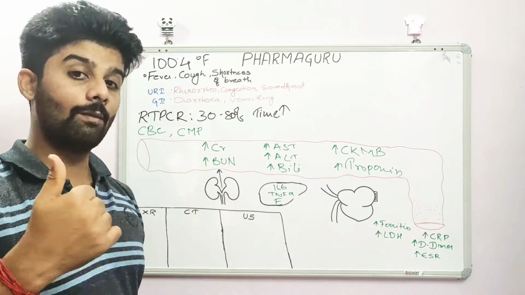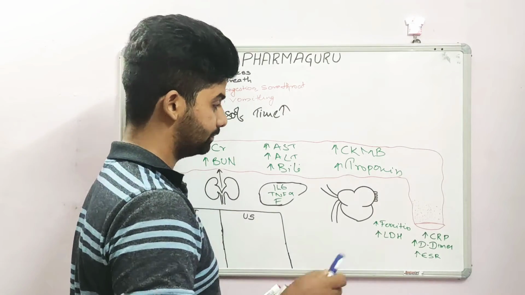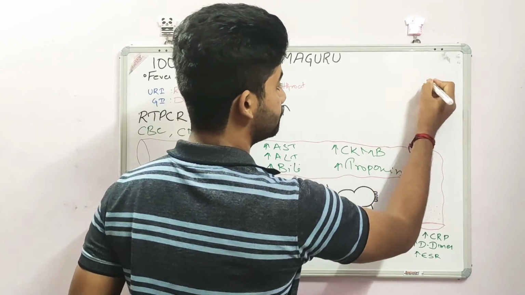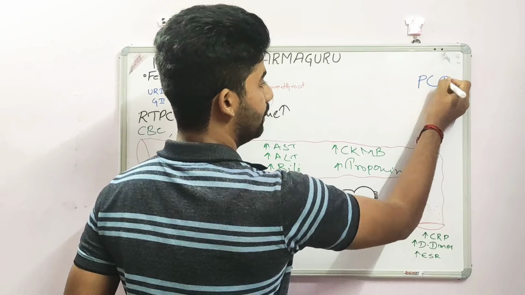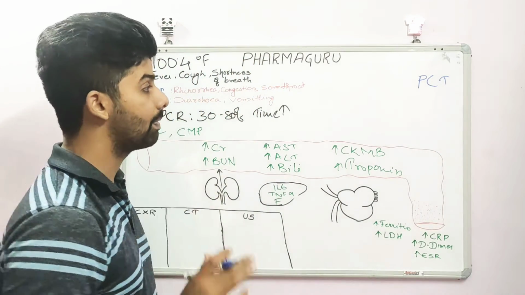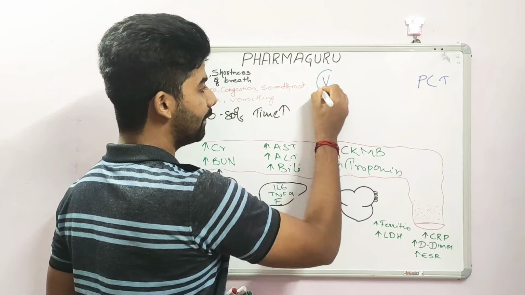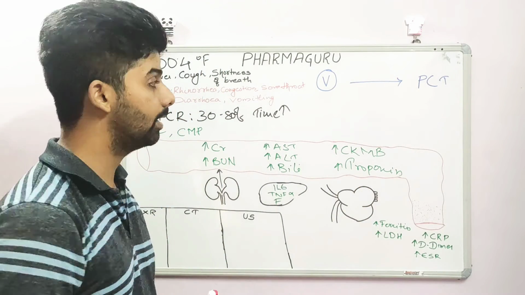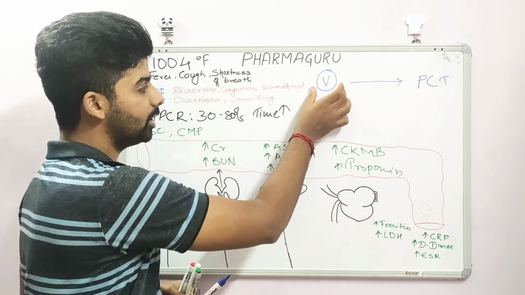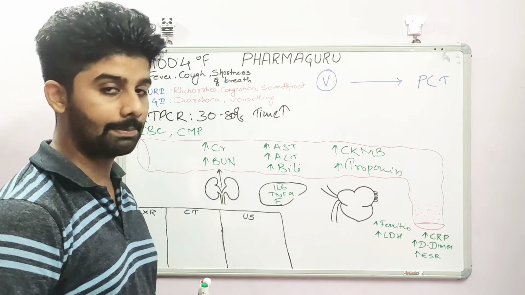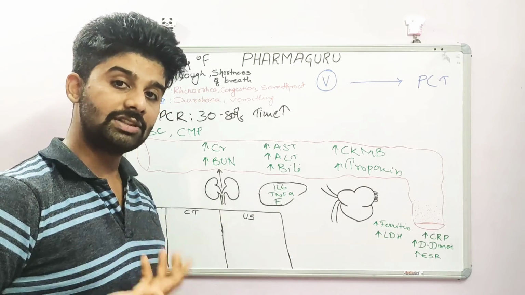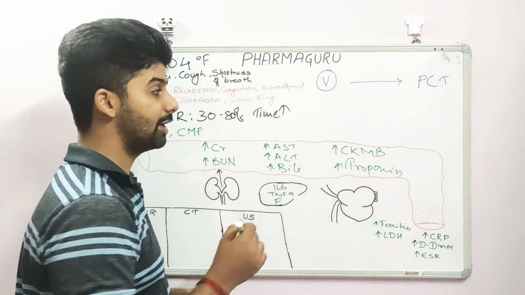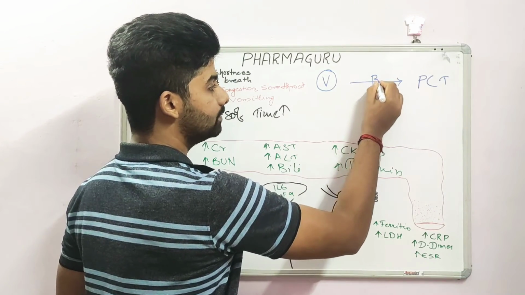We need to monitor one more thing, that is the procalcitonin level. Listen, whenever there is a viral infection, the procalcitonin levels will be normal. Now consider a condition where the COVID-19 patient, that is the viral infected patient, encounters a super infection due to a bacteria.